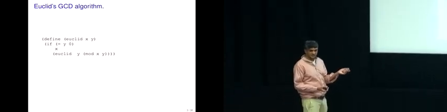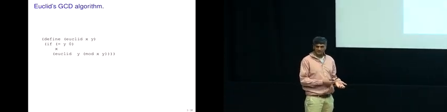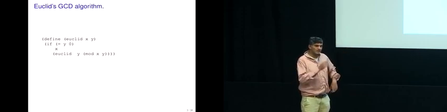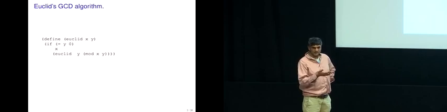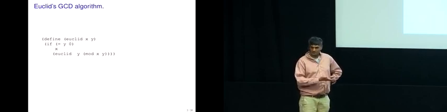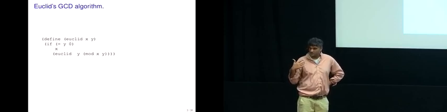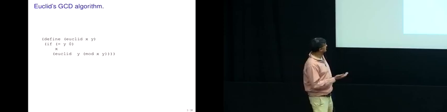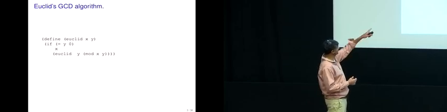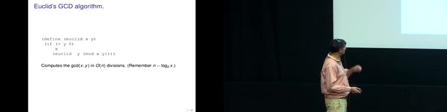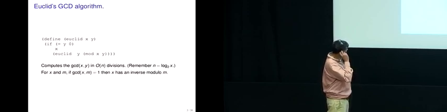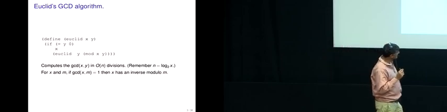You take GCD of x, y, and then you take GCD of smaller things, y and x mod y. You might as well think of it as x minus y. My analysis worked for x minus y. The switching is just to keep the invariant that the first argument is largest. So it computes the GCD of x and y in O of n divisions.